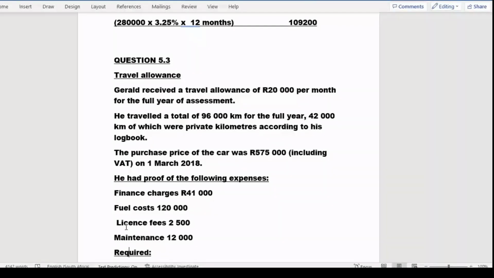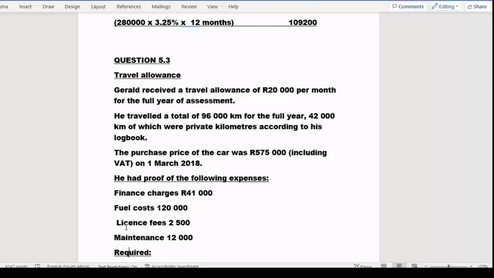And then read when you are going to calculate the wear and tear. If they give you anything below 7 years, you can take it as it is. If it's more than 7 years, you must just limit that to 7 years. Those are the things that you are going to deal with.